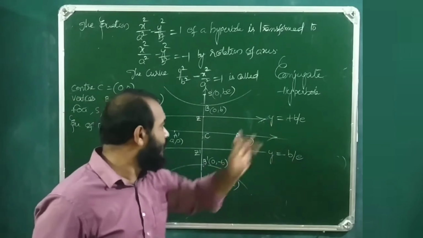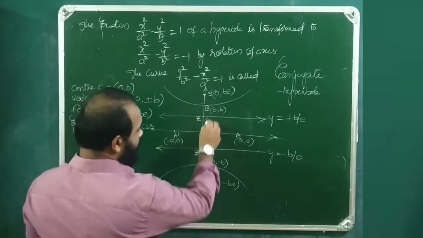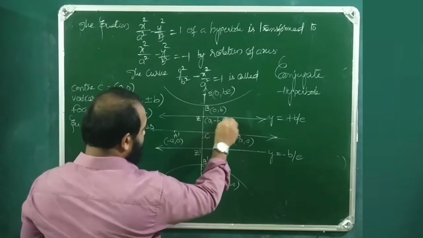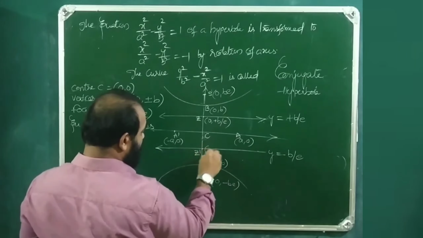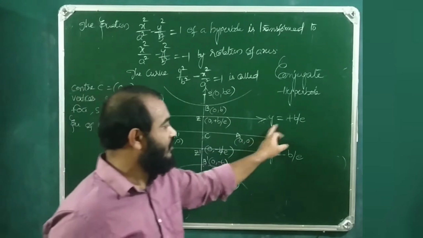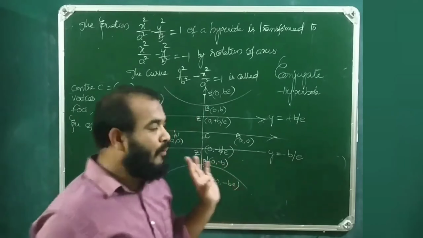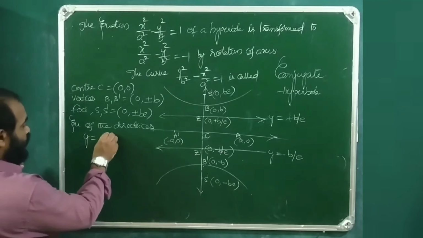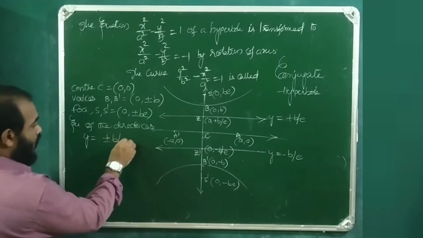So y is equal to b by e, and y is equal to minus b by e. So the directrices are y equals plus or minus b by e.